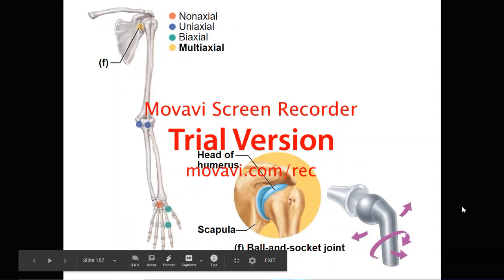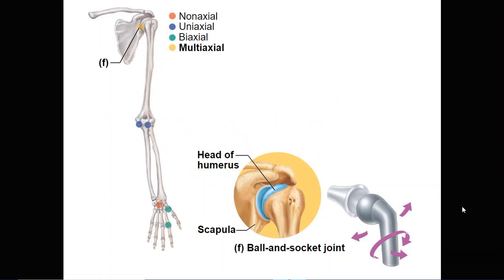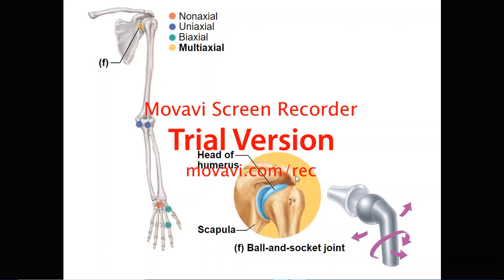And this figure illustrates the multi-axial movement, and this is kind of a yellow color right here, multi-axial. And this is an example of a ball and socket joint. So with a multi-axial, you have movement in 3 planes.